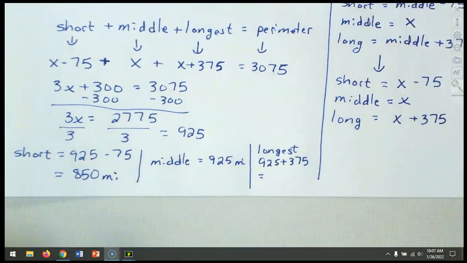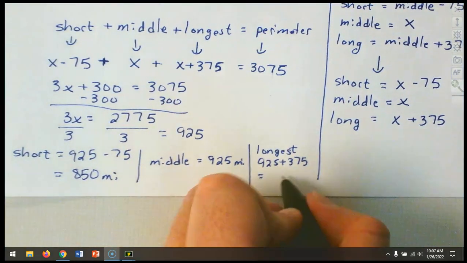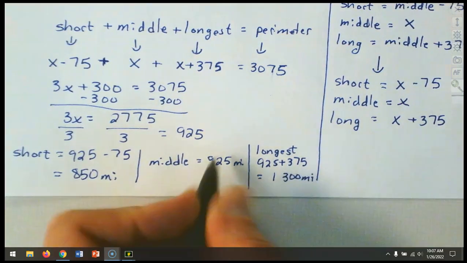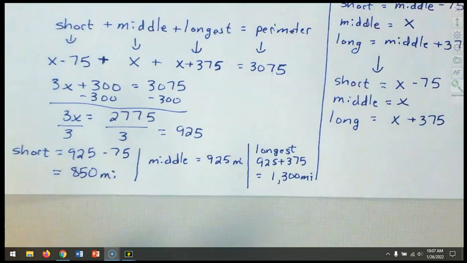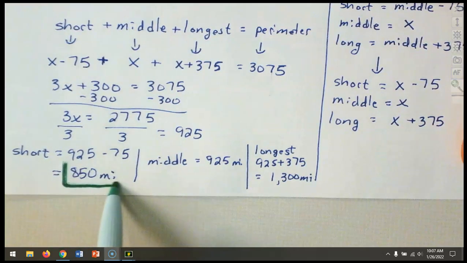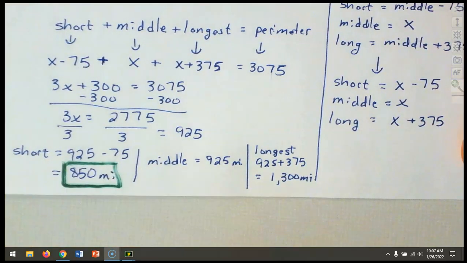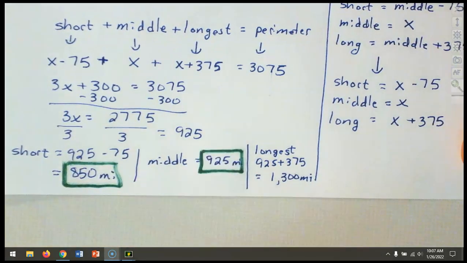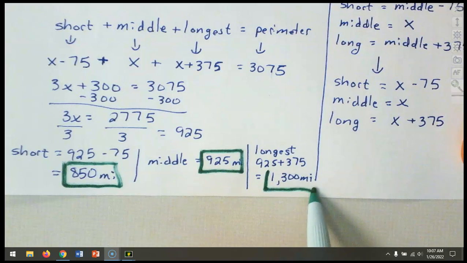And that makes it, what, 1,300, doesn't it? Let's see, 925 plus 375. Yep, that comes out to be 1,300 miles. And there is our answers. We have to get all three of them. So we've got 850. There's the short side. We've got the middle one, it's 925. And we've got the longest one, that's 1,300.